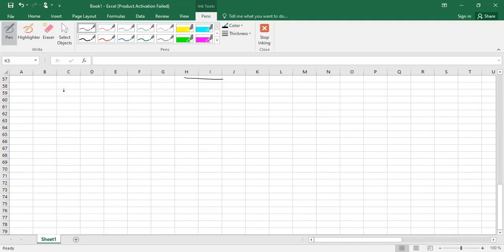So now we will do multi-product CVP analysis, rather I would say multi-product profit volume chart. Okay.